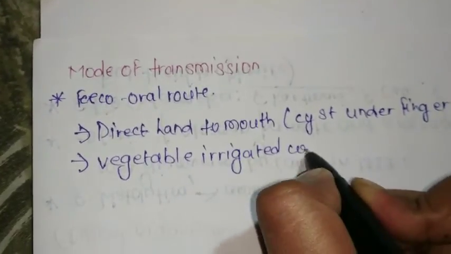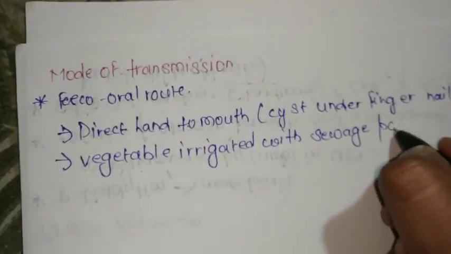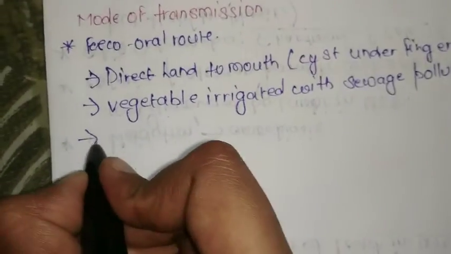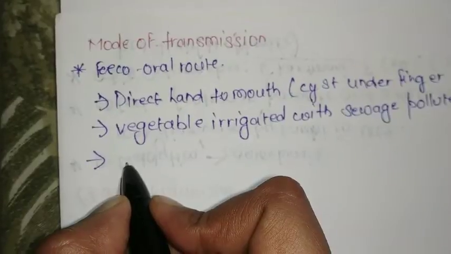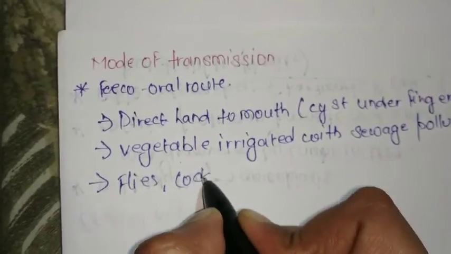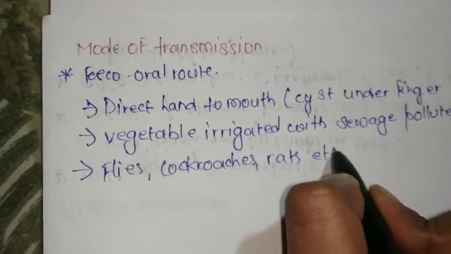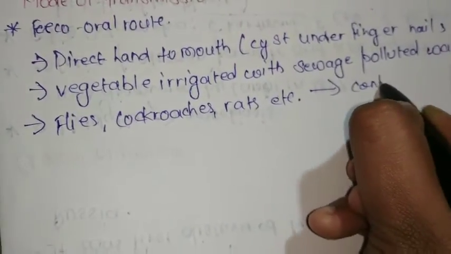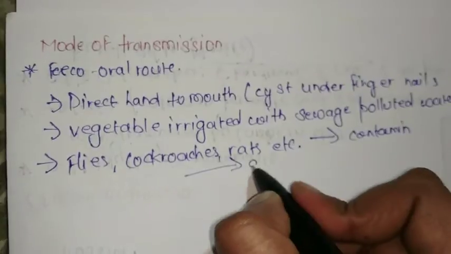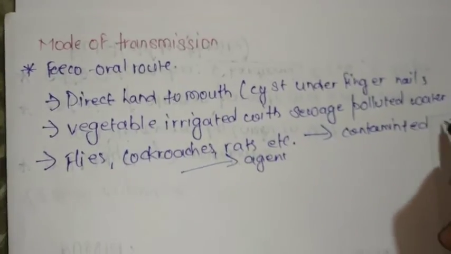So we can get the cyst from vegetables irrigated with sewage polluted water. Or food that came in contact with flies, cockroaches, and rats, etc. may also be contaminated, and they are among the agents that bring cysts to the food.